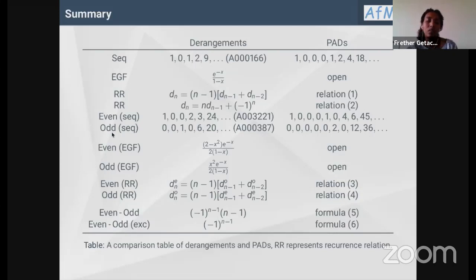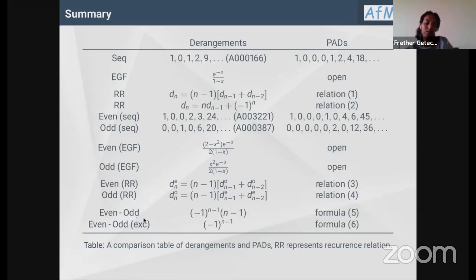Also, if we consider the parity, we have these two sequences for the derangements and also for the paths. And as we see here, we have the exponential generating function for the derangements with their parity, but for us it is still open. But for their recurrence relation, we already have it over here.